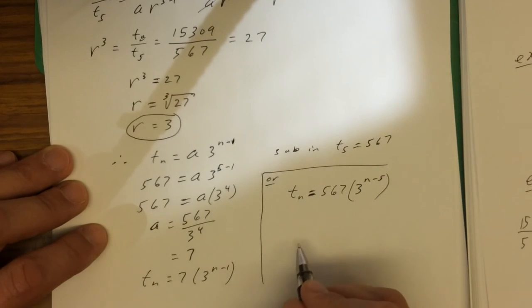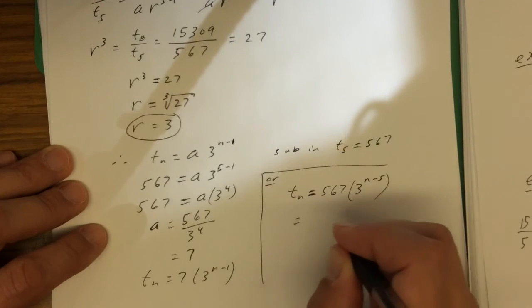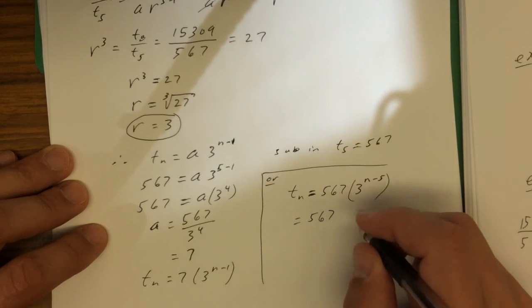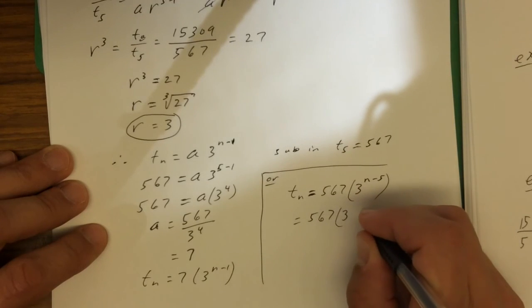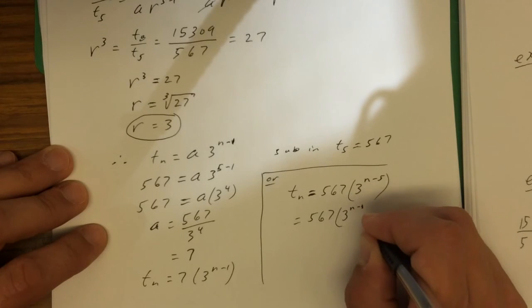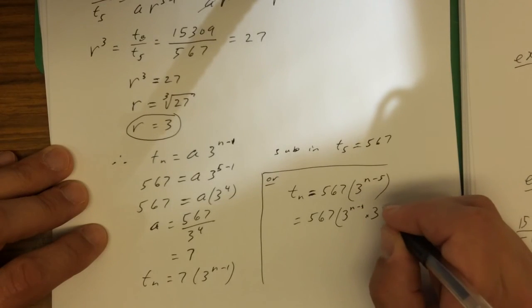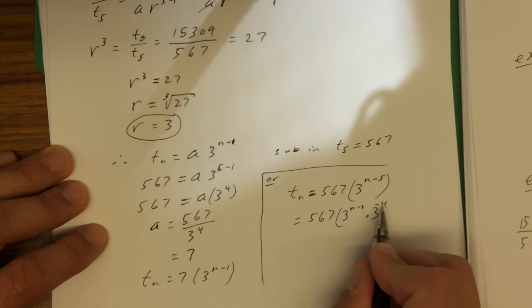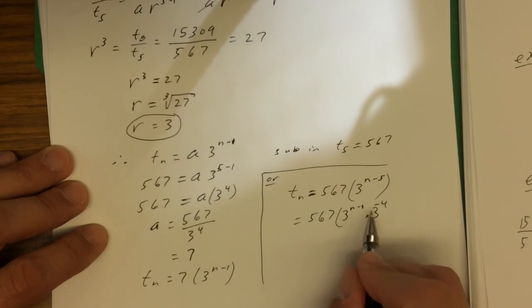And at this point, you would just do 567 times 3 to the n minus 1 times 3 to the negative 4, because if you add those exponents, you'll end up with n minus 5.